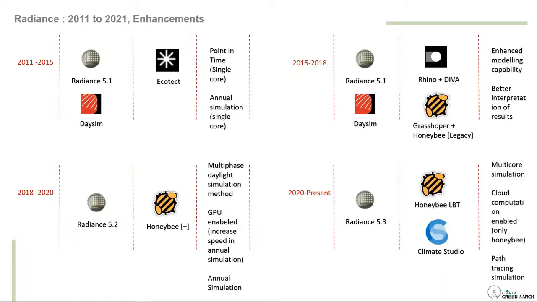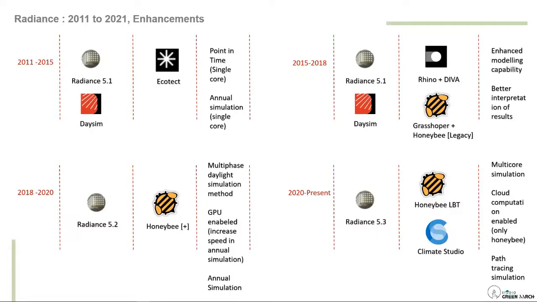So the final announcement that we have got till now is that we can now simulate with multi-core. If you don't have a GPU, like if you don't have a graphic card in your system and you have only a CPU with 10 cores, you can use all 10 cores to do this Radiance simulation right now using Honeybee LBT. Now cloud computation is also enabled with Radiance 5.3.